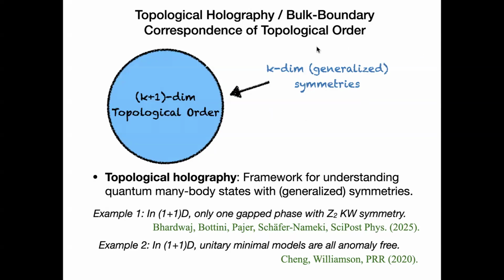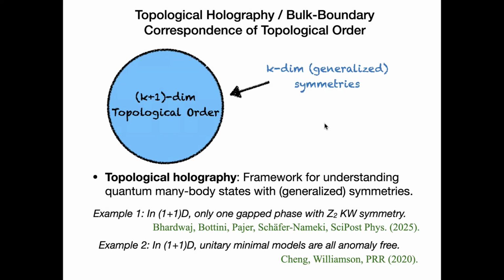By the way, feel free to interrupt me at any time and ask questions. Sean, I already have a question. Sure. In example two, when you say symmetry, do you mean ordinary symmetry or any symmetry?